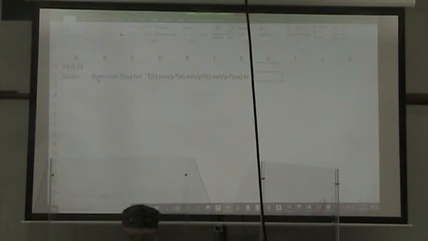Our cost of operation in dollars per hour. And our cost of tooling, also in dollars per hour.